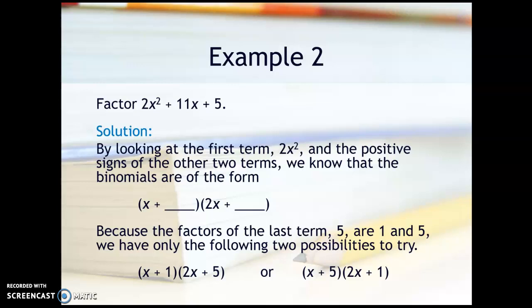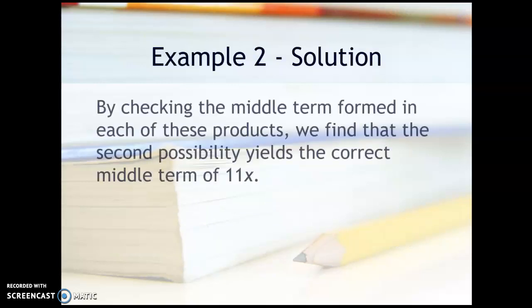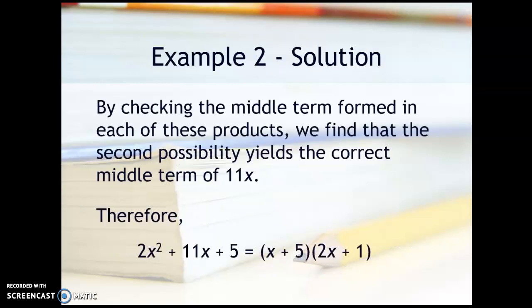They need to add up to 11x. So try the one on the right. Outside times outside would be x times 1, or 1x. Inside times inside would be 5 times 2x, or 10x. 1x and 10x add up to 11x. That's what we need. That's why there is only one correct set of factors for this trinomial, and it was the one on the right. The one on the left produced the wrong middle term.